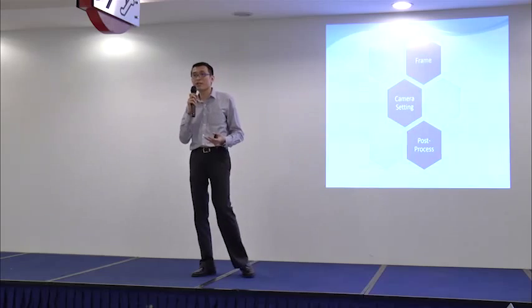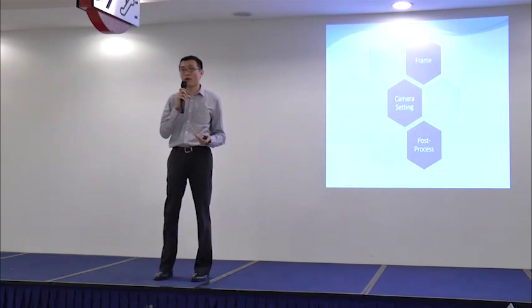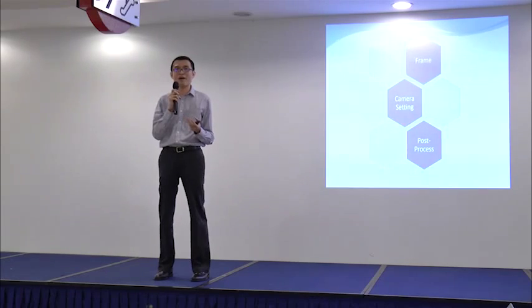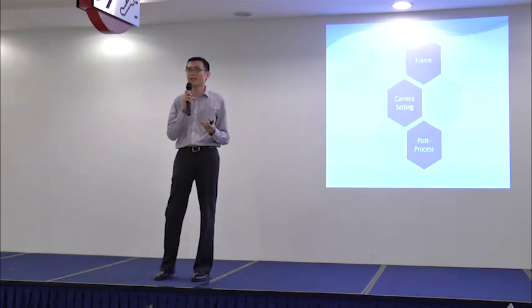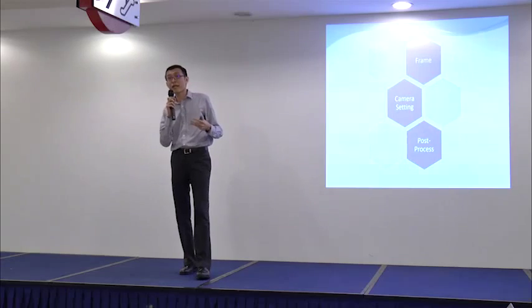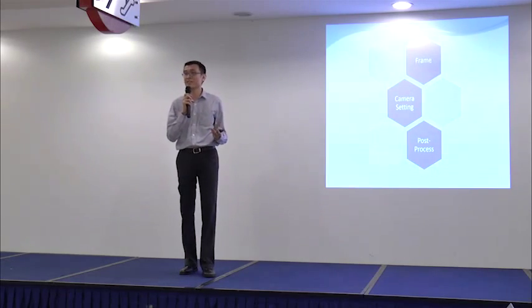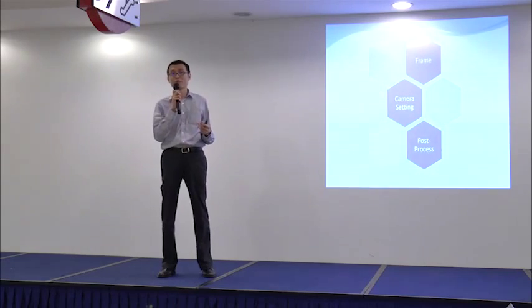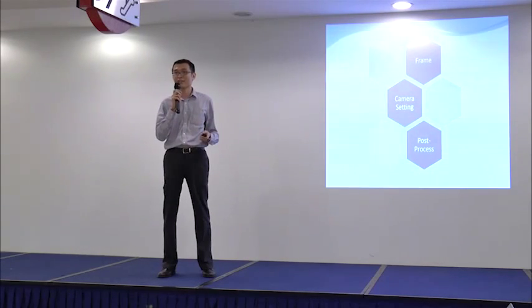Post-process here means that after taking the photos, sometimes it doesn't turn out quite nice like what you expect. It's not a waste. There's a way to post-process using apps to make it brilliant. In quite a number of instances, you can make it turn out pretty good with the apps.